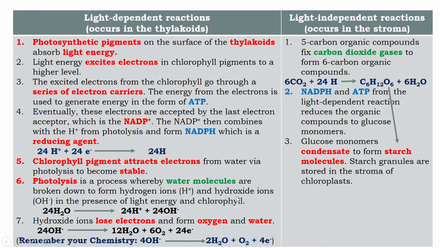Okay, simple. So these hydroxide ions will lose electrons, neutralize, losing electrons. And then this is the result, oxygen and also water. Okay, oxygen and also water. So that's why this is what you are already familiar with in writing half equations. Is it in your chemistry?